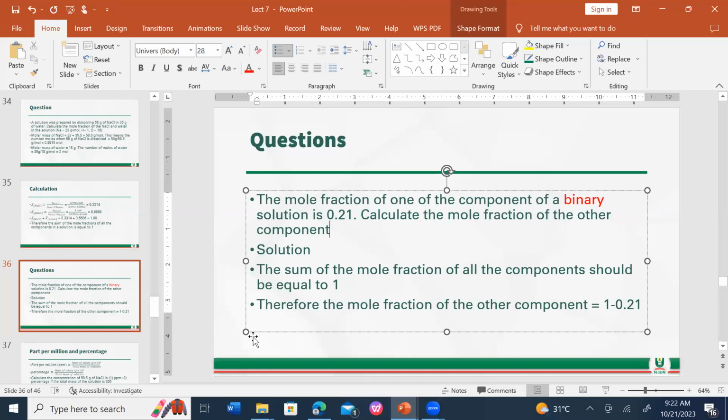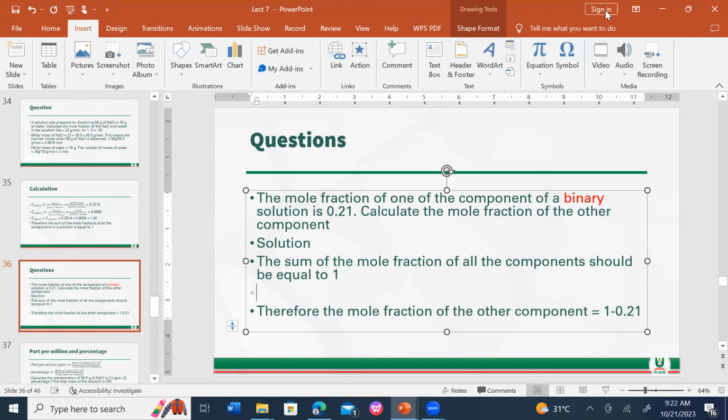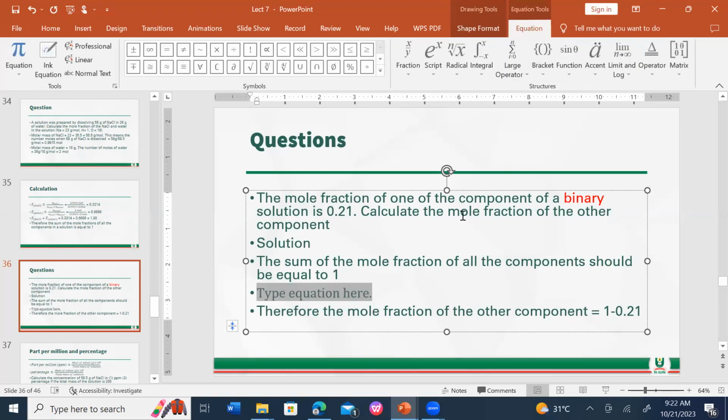So we can now say that the sum of the mole fractions of all the components should be equal to 1. Therefore, let's do some calculation to make sure. Let the mole fraction of the unknown be x.